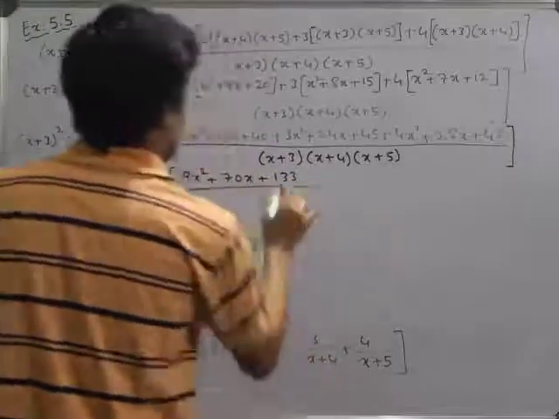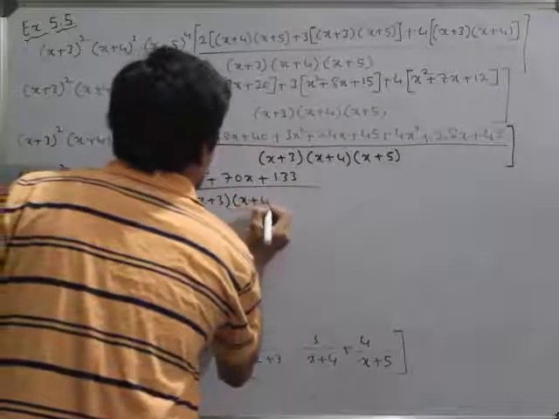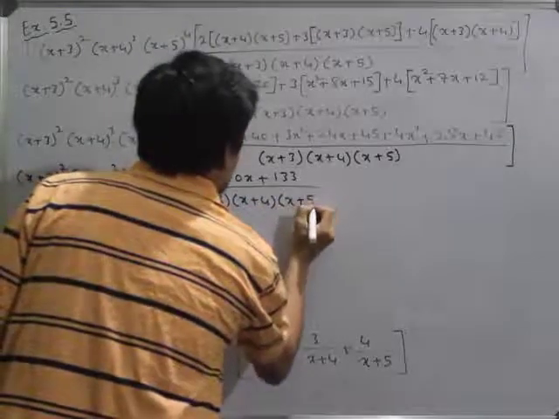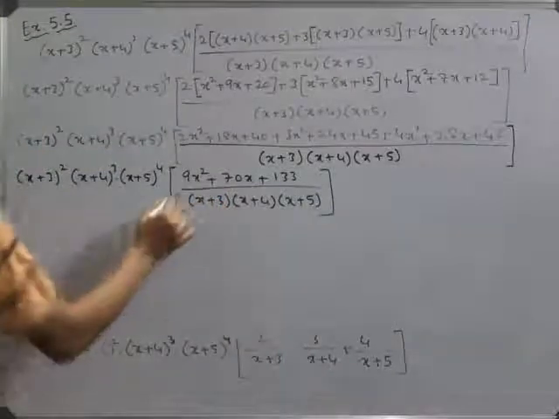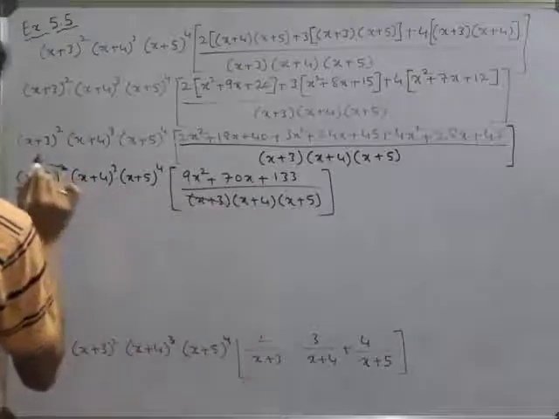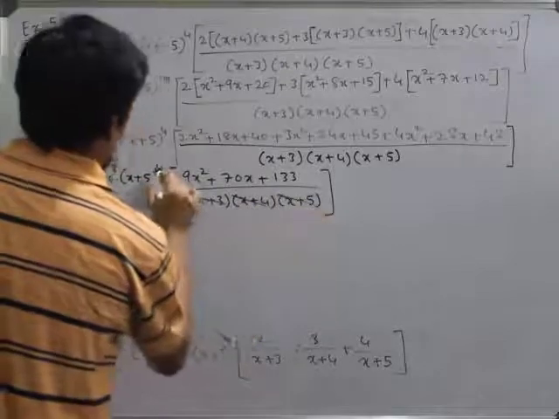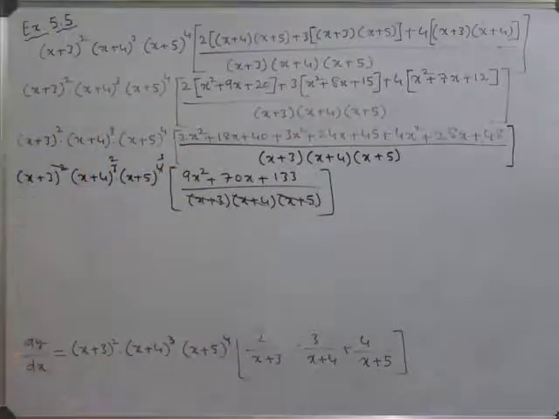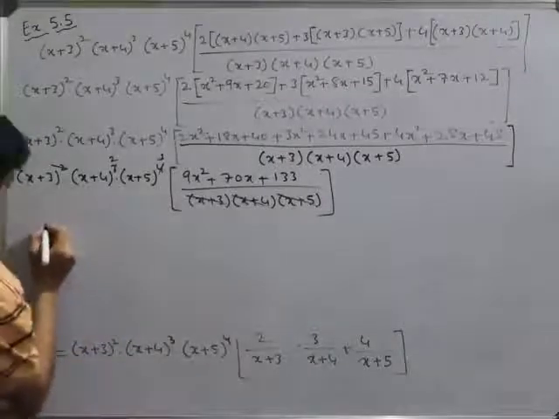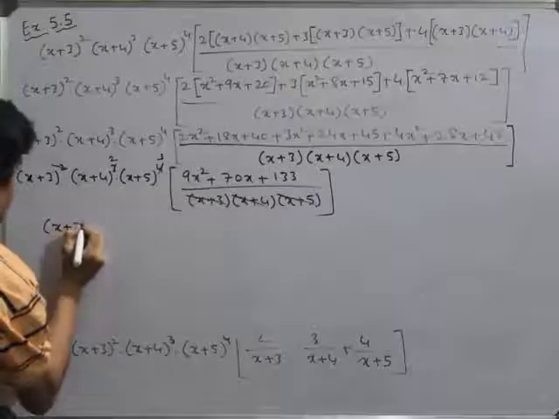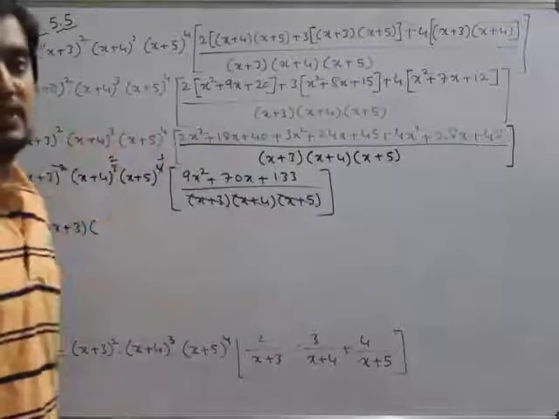133 divided by these terms, (x+3) into (x+4) into (x+5). Next, cancel the terms. Here (x+3) and this one will go off, (x+4) and this will become square, (x+5) and this will become cube. Alright, finally we got the answer. So this is a bit lengthy problem, but it is very simple. More than differentiation, you should be well versed with algebraic simplification.